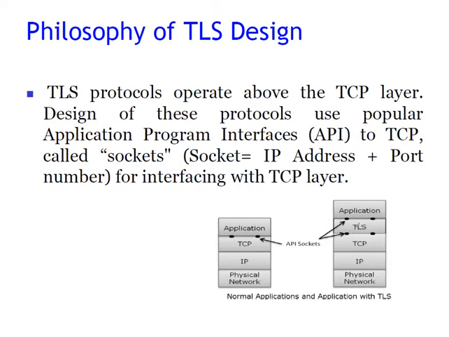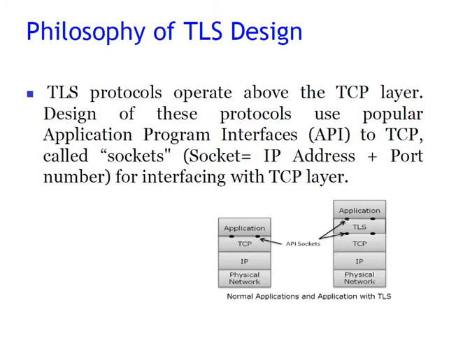If you enlarge this under the API sockets, you can see it comes as an API, meaning application program interface socket. So this complete part is nothing but the TLS protocol. The design of these protocols is popular in the APIs to TCP called a socket.